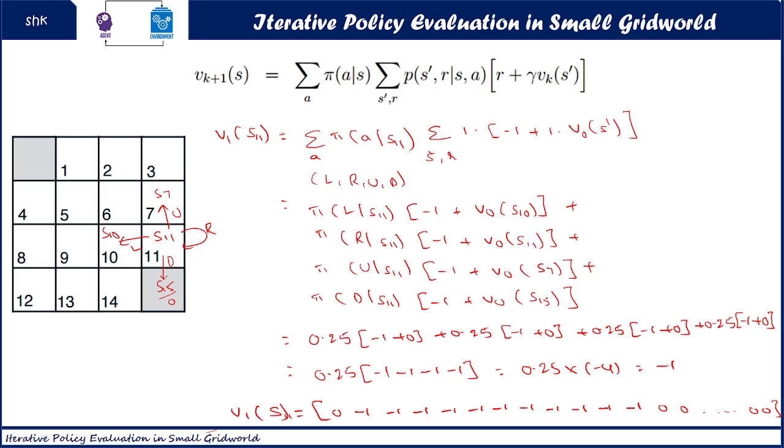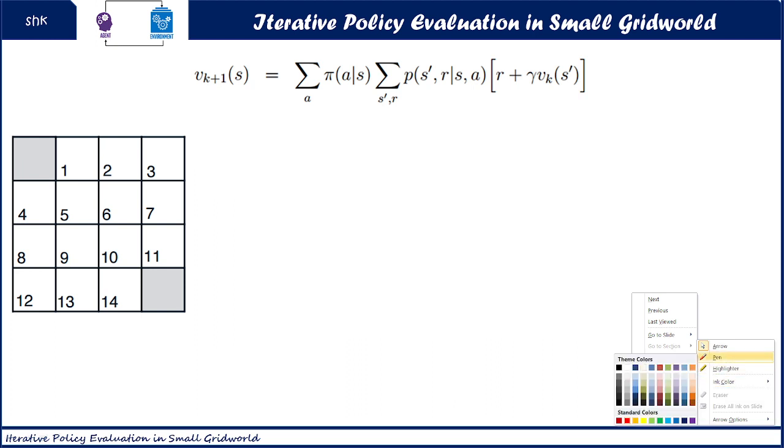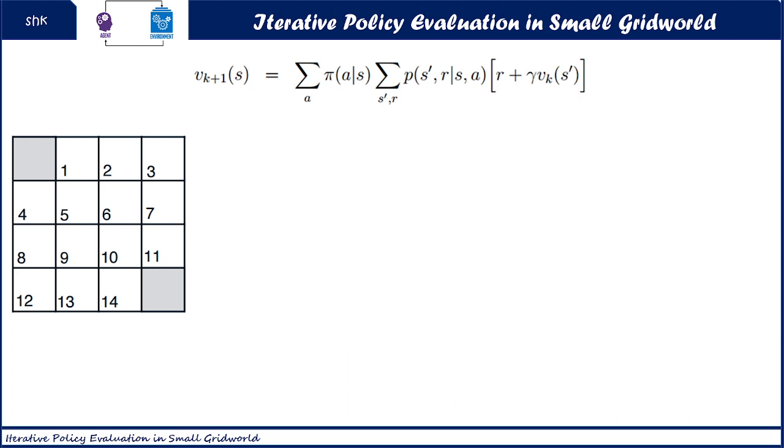Now we will go for S12 state. Now we will find out the value function V1 for S12 state. So that we will write as V1 of S12. When we are in S12 state, if we take left action, we are falling into the same state. For right action, S13 state.